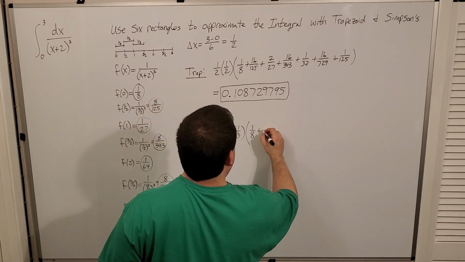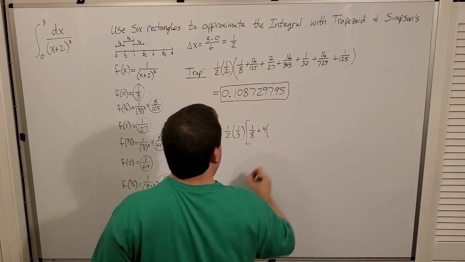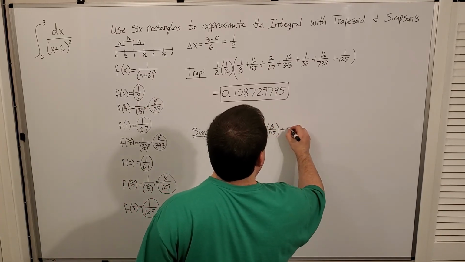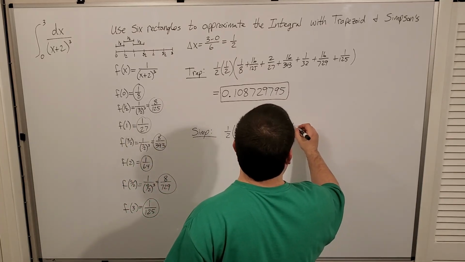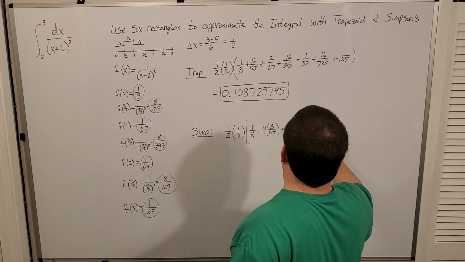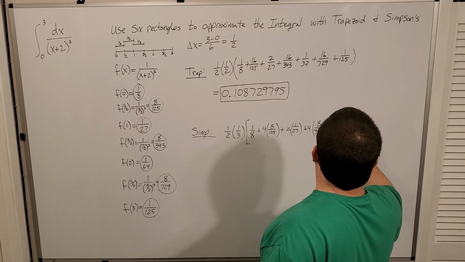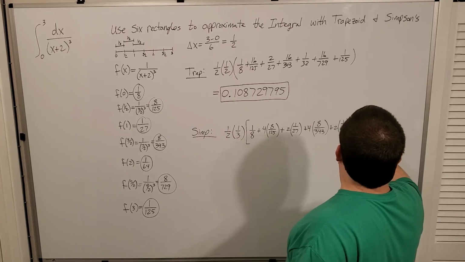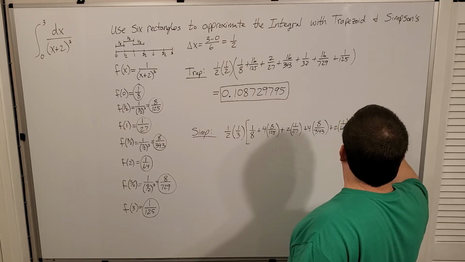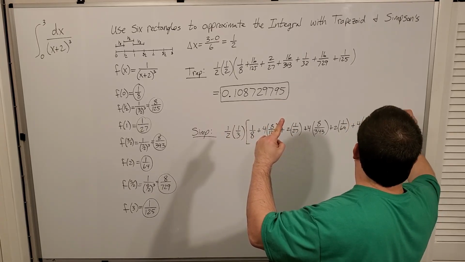Okay, so actually I'm going to write that out this time, whereas last time I just went ahead and did it. I have 4 times the 8 over 125, plus 2 times the 1 over 27, 4 times the 8 over 343, 2 times the 1 over 64, 4 times the 8 over 729, and then I've hit the end, so it's just one of them, 1 over 125, like this.